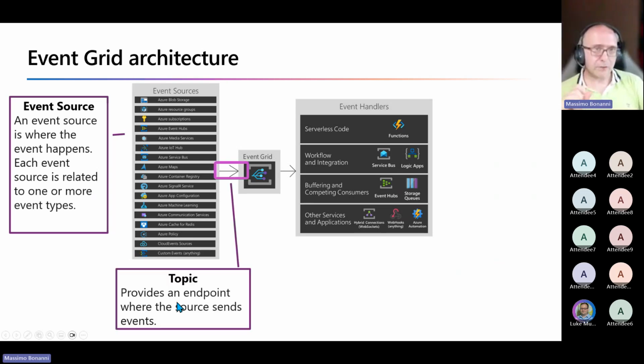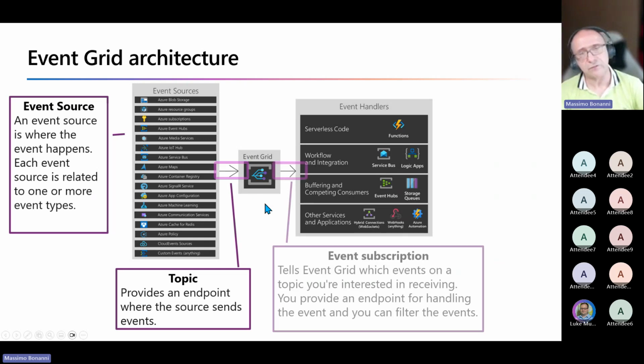But anyway, when you use Event Grid, you create the topic. You create a topic, and the other arrow is named subscription. So you say, hey, Event Grid, I want that, for example, every time a blob storage produces an event, you create a topic and redirect this topic to a subscription.